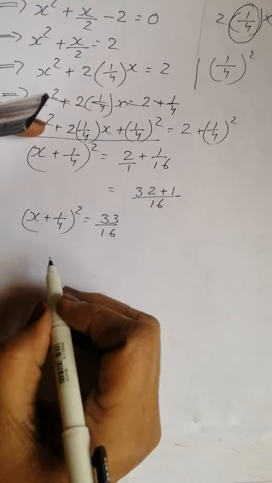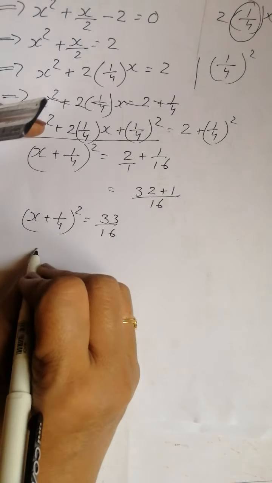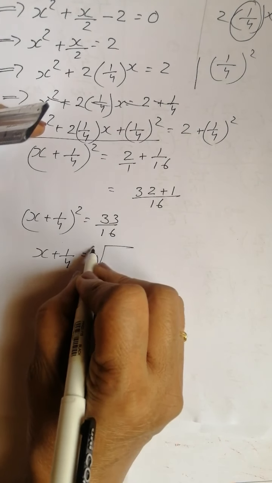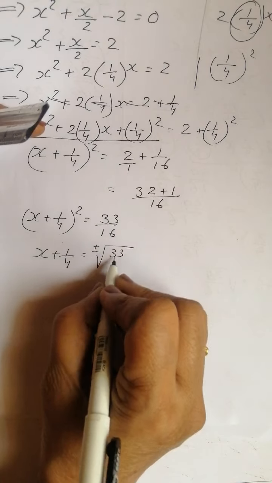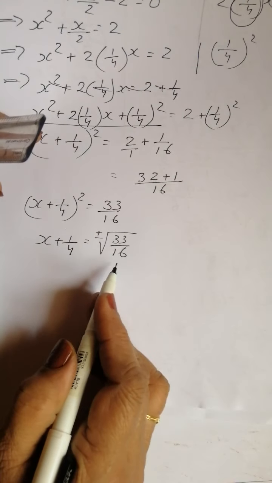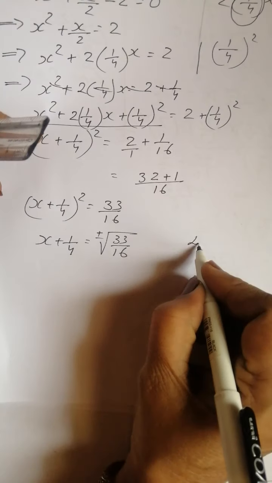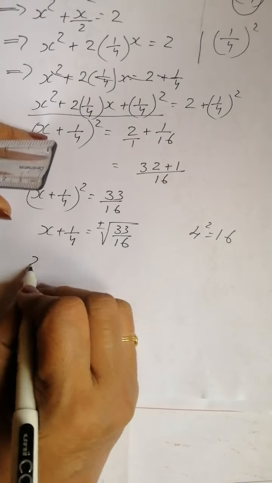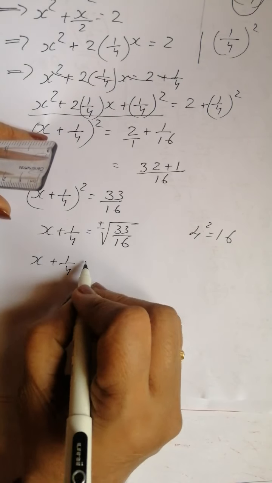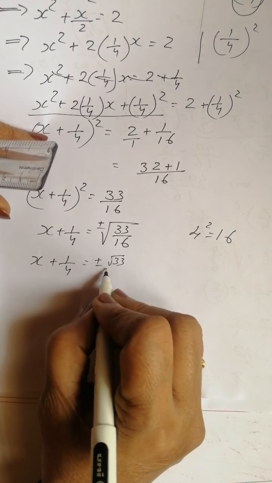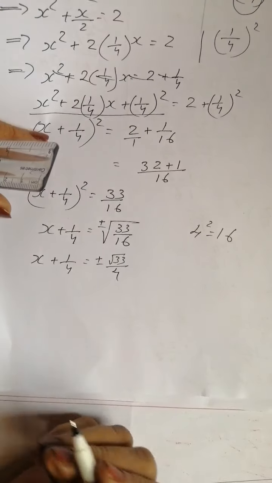Now remove the square. x plus 1 by 4 is equal to plus or minus root of 33 by 16. 33 there is no root. 16 is having a root, that is 4 square is equal to 16. So I can open this as x plus 1 by 4 is equal to plus or minus root 33 by 4. Got it?